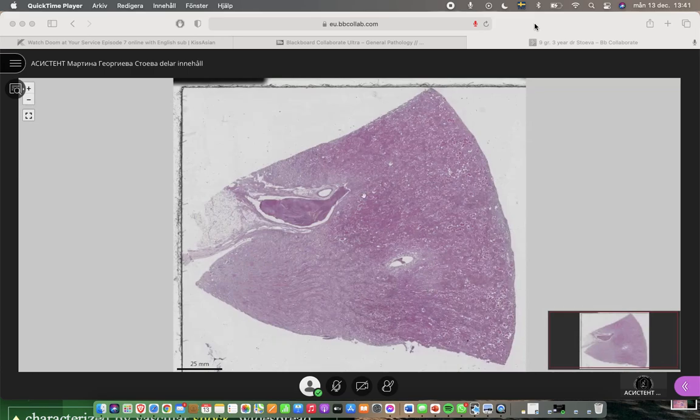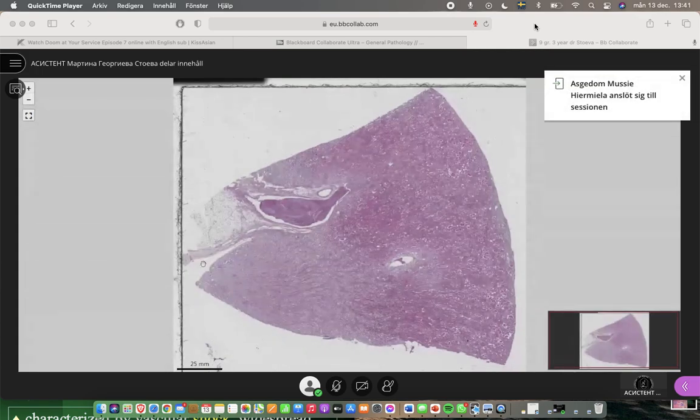Here again, we can find the cortex, which is the right side of the slide. The medulla is here, and the lumen that is directly under the medulla is the calyx.